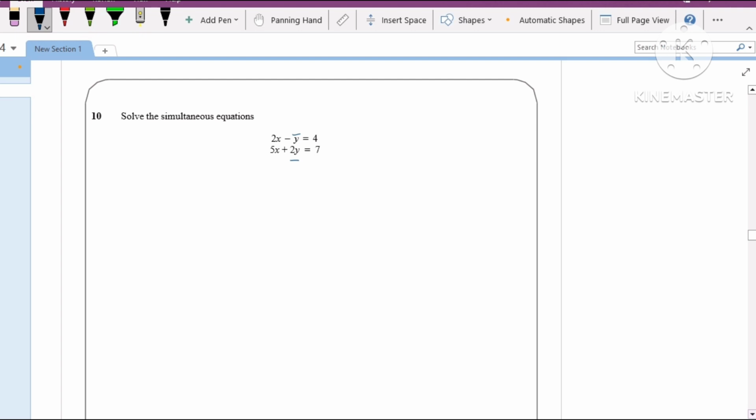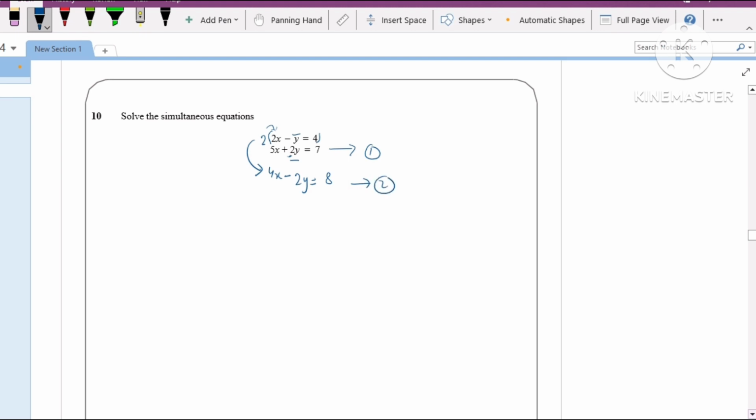So I will multiply this equation by 2 to make both coefficients the same for y. So 2 times 2x, that is 4x, then 2 times minus y, that is minus 2y, is equal to 2 times 4, that is 8.